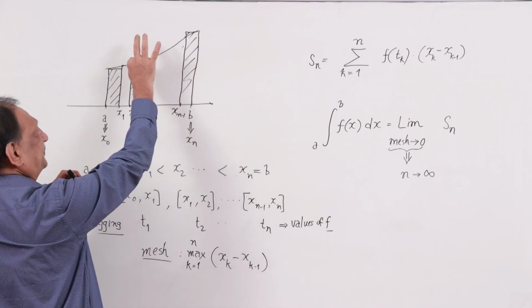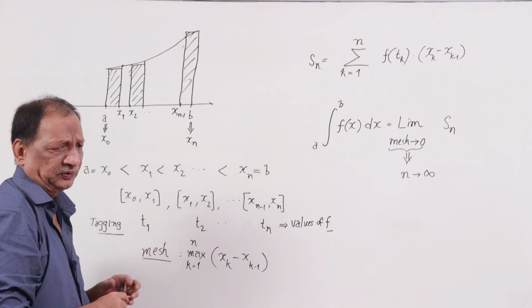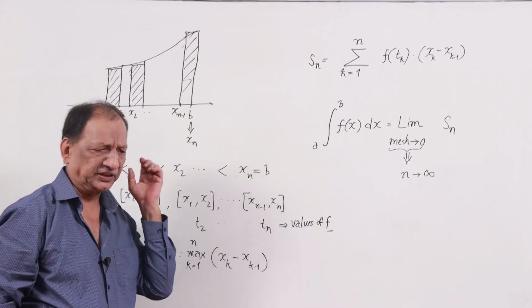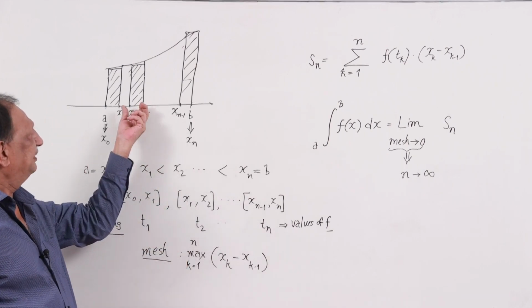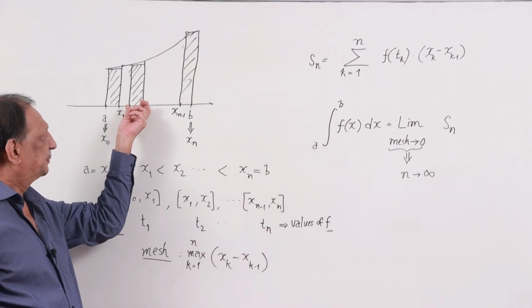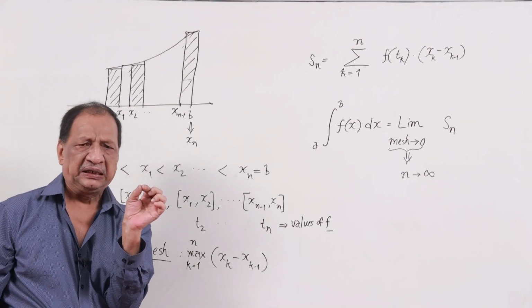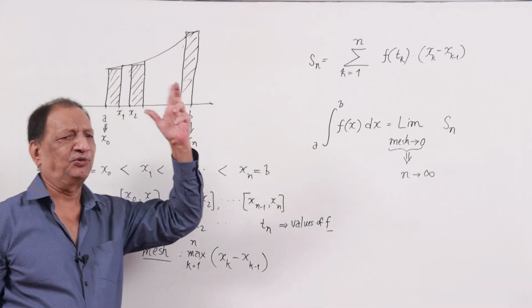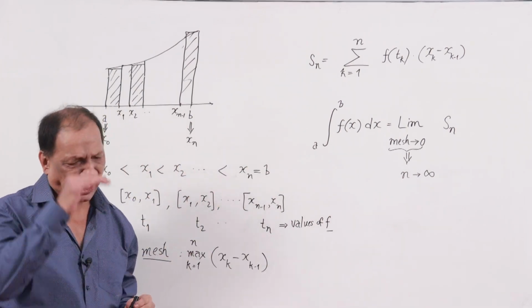Some gaps may appear below, some above, depending on what tag value you select. Doesn't matter. Eventually, when the subinterval size tends to 0, that gap will go to 0. So eventually it becomes the area under the curve.